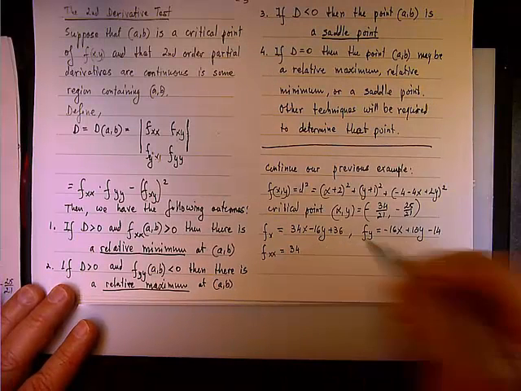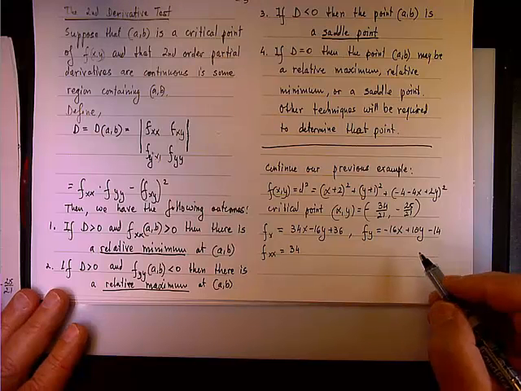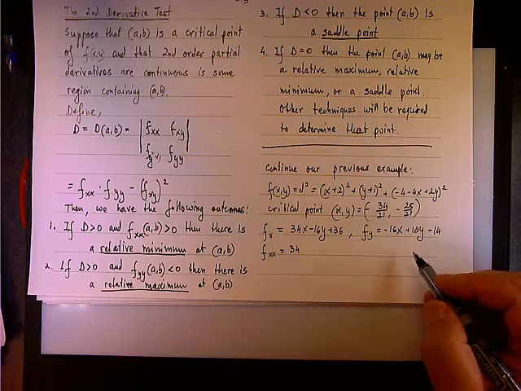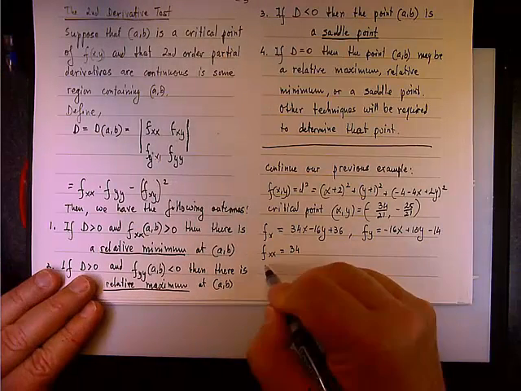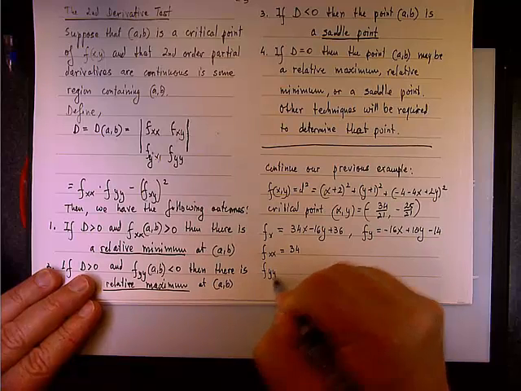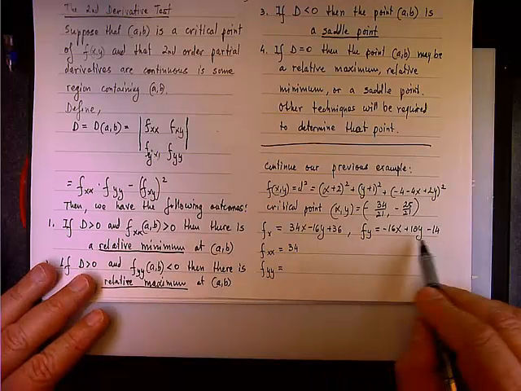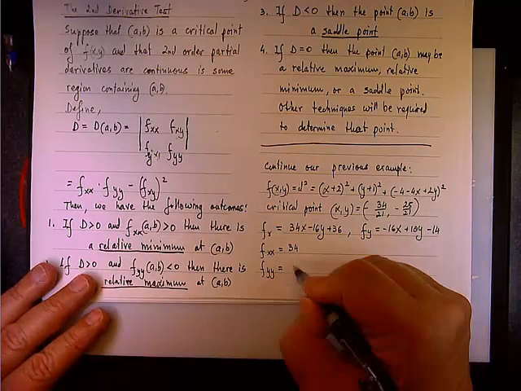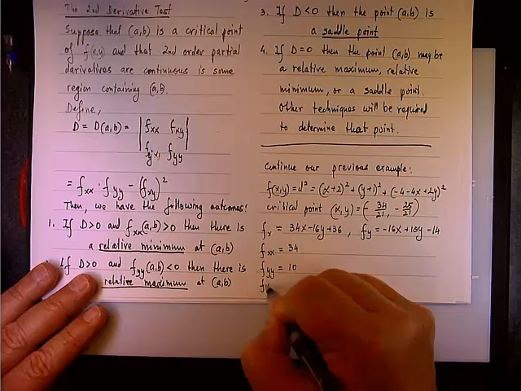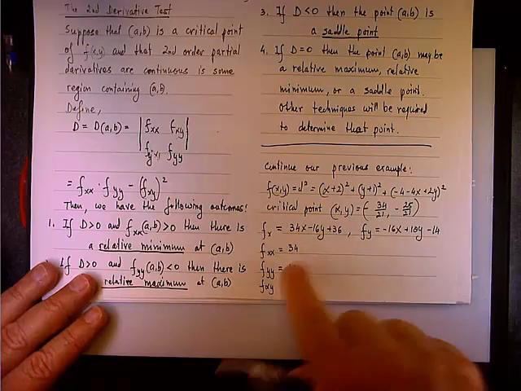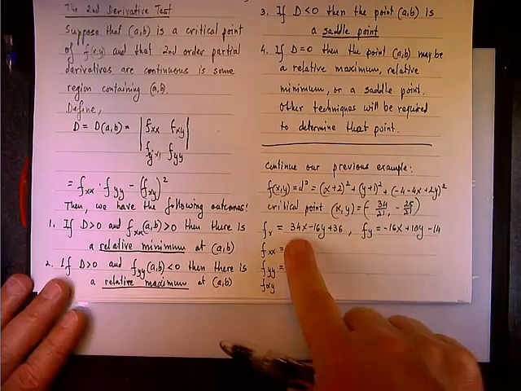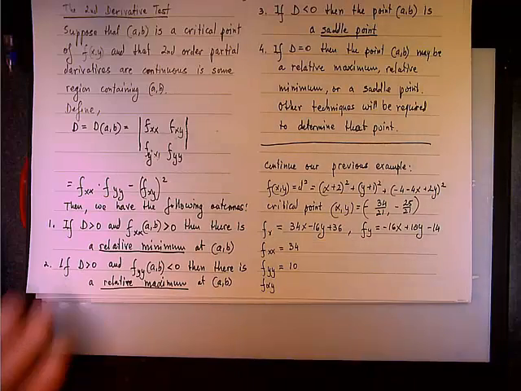So now we need f xx. Well, the second derivative with respect to x would be 34, and that's it. Okay. What about f yy? Well, the second derivative with respect to y is simply 10.